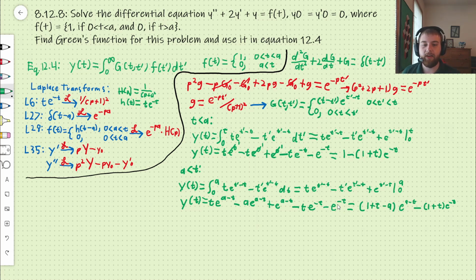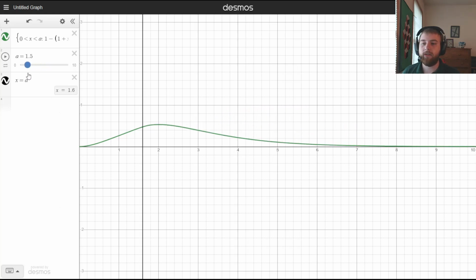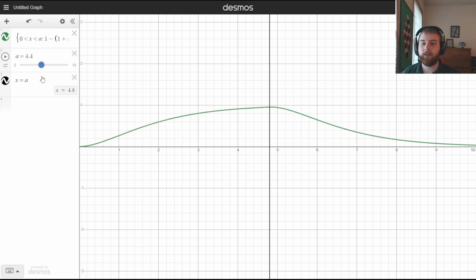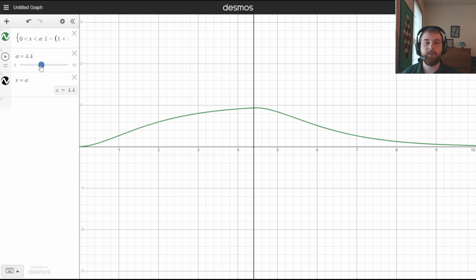I will say, though, that I do have these functions plotted so that we can take a look at them and see if it makes sense with our intuition. So here's our function here. I'm moving our point A around.